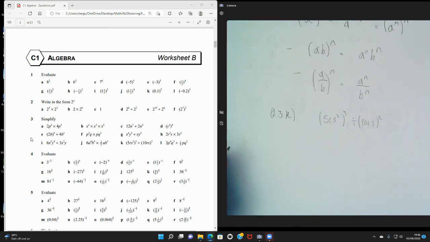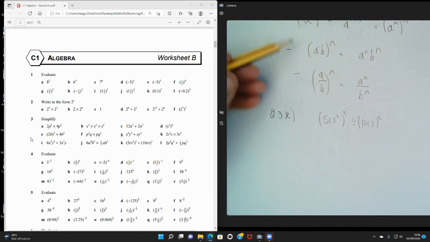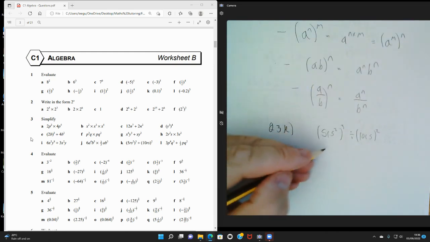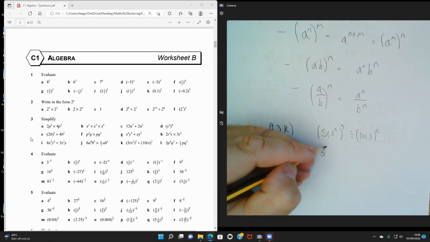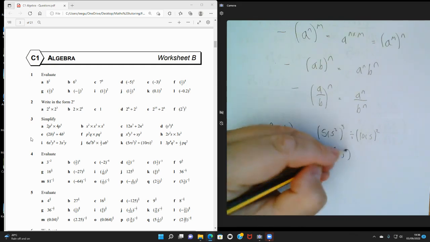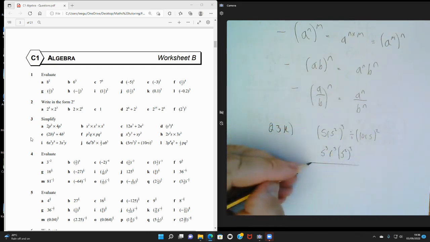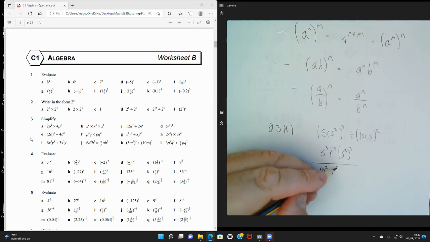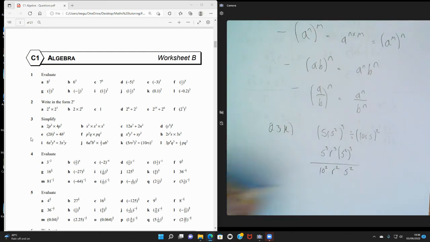Now let's have a think about this. Using the laws that we've outlined above, in fact using this law here, this can be thought of as 5 cubed r cubed s squared cubed, divided by 10 squared r squared s squared.